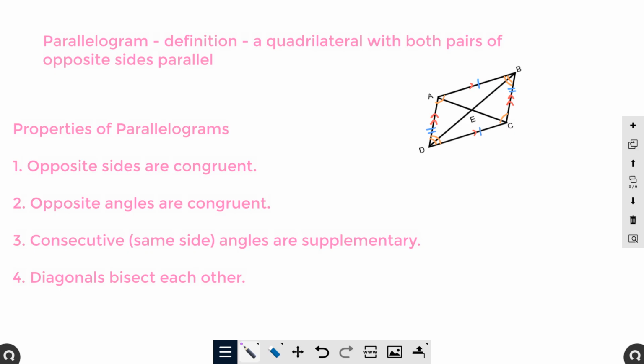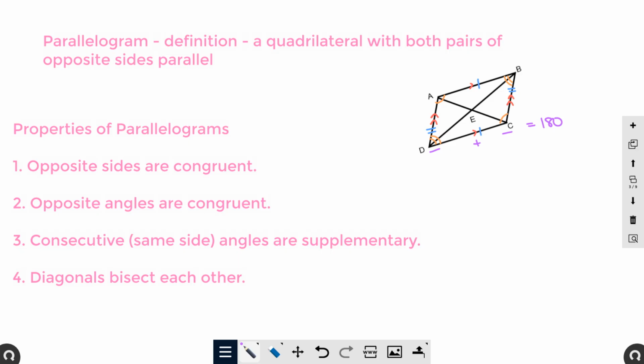Then we realized that the ones on the same side, like the two angles at the bottom, C and D, were supplementary. So angle C and angle D add up to 180. And that not only worked at the bottom, but on the sides and the top. We call those consecutive angles, or also same side angles. Those will add up to 180.